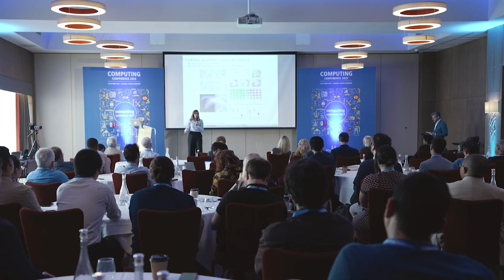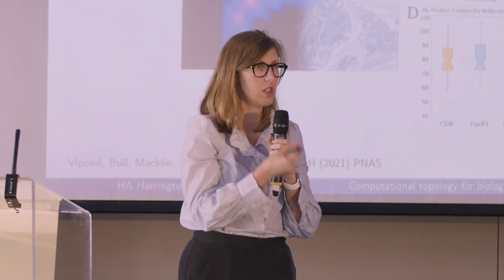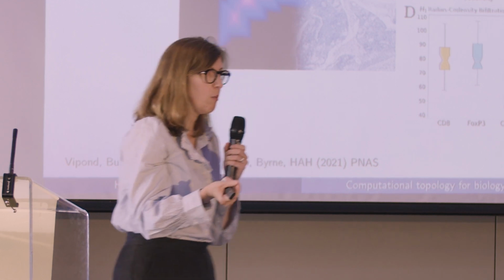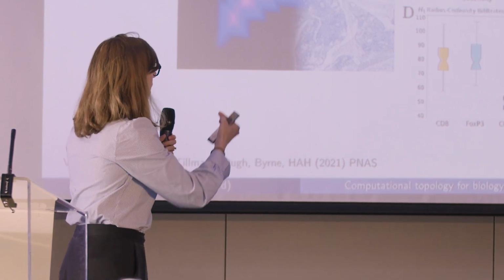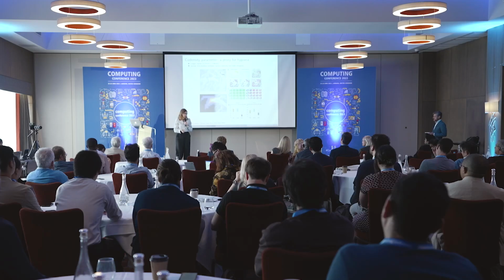And we make a prediction, which we still need to test, that the oxygen level, which is really difficult to measure, and of course we all know oxygen level is super important in all cell functions, the different oxygen levels appear to be, this codensity, the density parameter, seems to be a good proxy for the oxygen level. And that's something that the clinicians were very excited about, and so we're getting data from Manchester to study this.